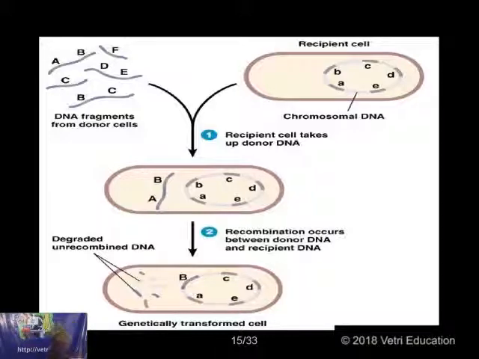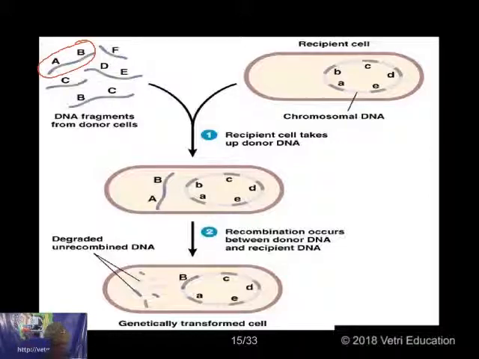Now, you want to transfer this one, capital N, capital B, and then DNA fragments from a donor cell. The recipient cell takes the donor DNA, chromosomal DNA. Now, this comes from here and then it becomes a part of it. Now, what happens? This B gene is incorporated into this original gene.